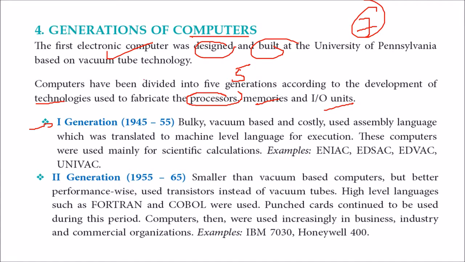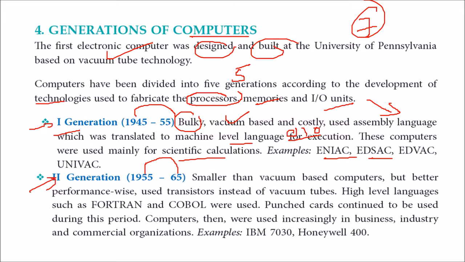But because we have to know the past: the first generation, from 1945 to 1955, were bulky, vacuum based, and costly. They used no high level language but assembly language, which is then translated to machine language, that is 0s and 1s, and were mostly used for scientific calculation, like ENIAC, EDSAC, EDVAC, UNIVAC. Then the second generation, 55 to 65.